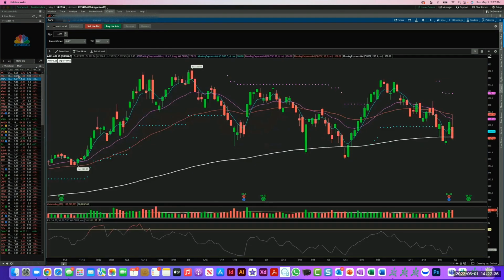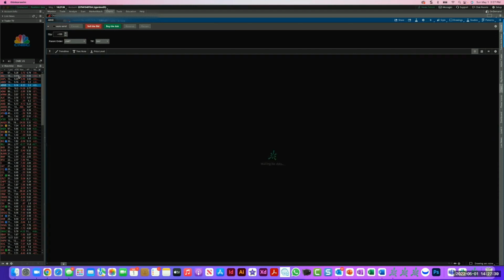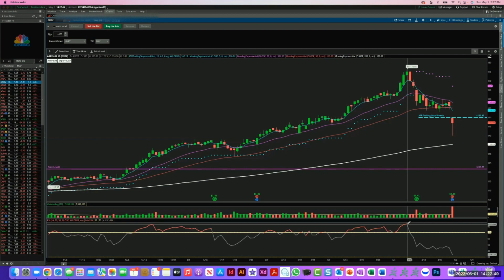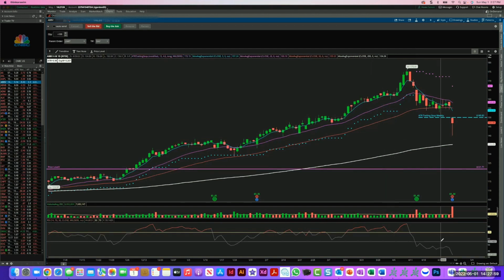And just scrolling through here quickly on the daily chart, AbbVie was overbought here. And it was just a matter of time before it corrected. And here, it looks like it's quickly falling into the oversold area.